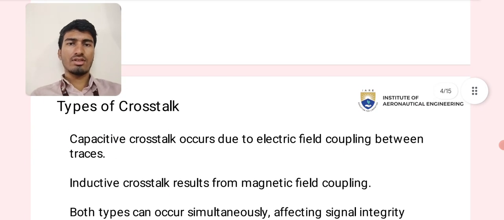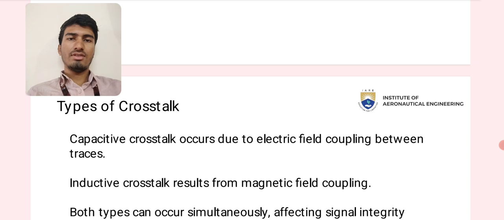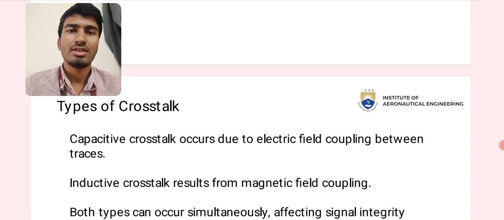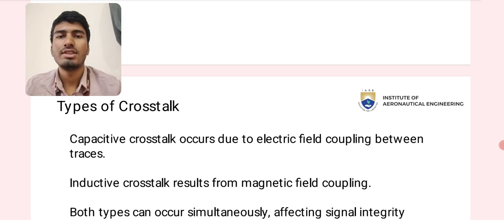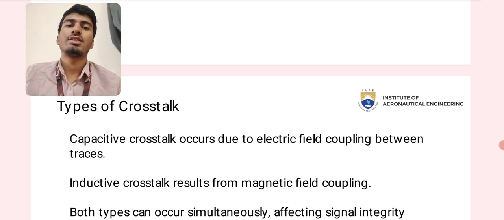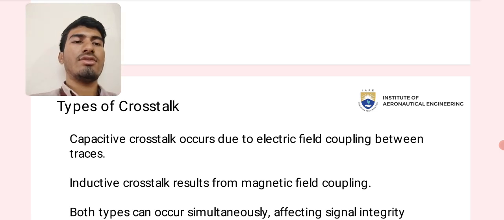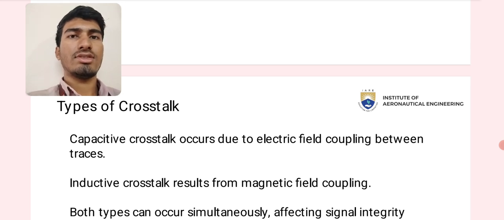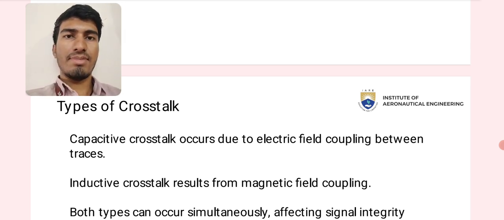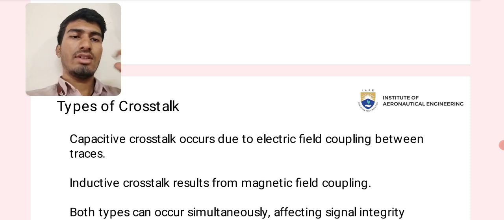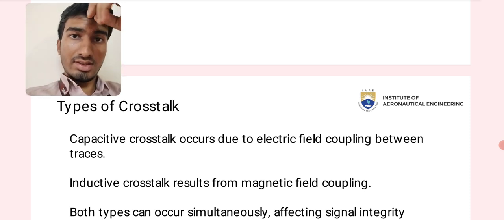Types of crosstalk. Capacitive crosstalk occurs due to electric field coupling between traces, meaning electric fields interfere between two traces in the same PCB, which causes disturbances in electricity.